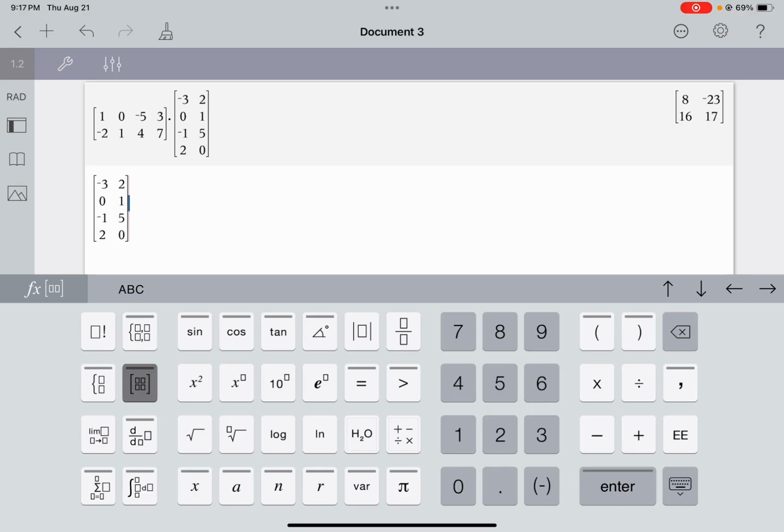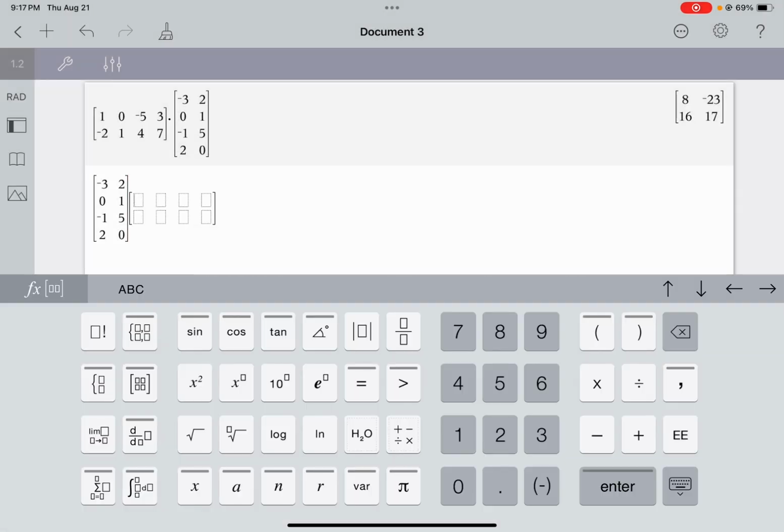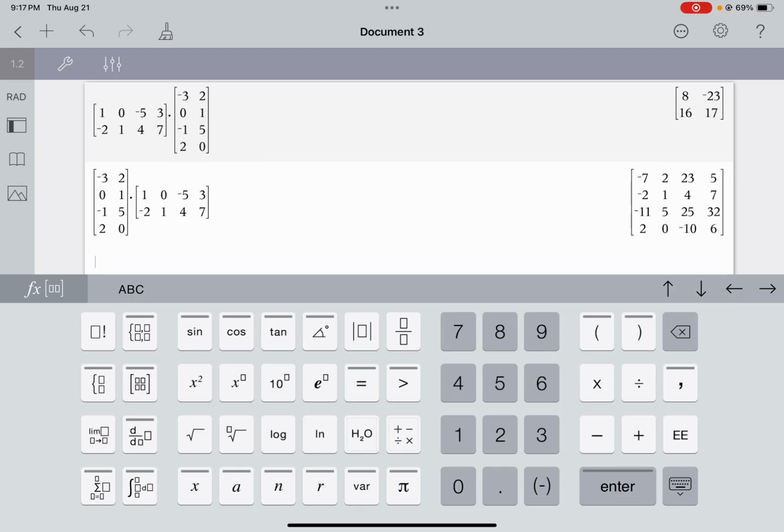And I go to type in my second one, which was a 2 by 4. That gives us 1, 0, -5, and 3. That is -2, 1, 4, and 7. I press enter. Notice that it's completely different when you switch it.